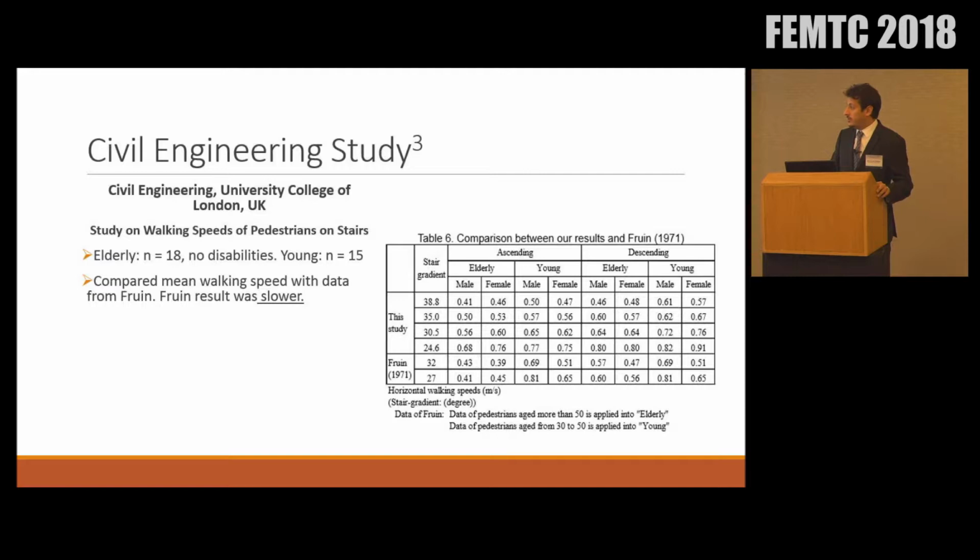They compared the mean walking speed with data from Fruin, and they noticed that Fruin's results were much slower. This could be an effect of the culture in the UK compared to the US. In addition, they looked at elderly versus young people, ascending and descending with the stair gradients.